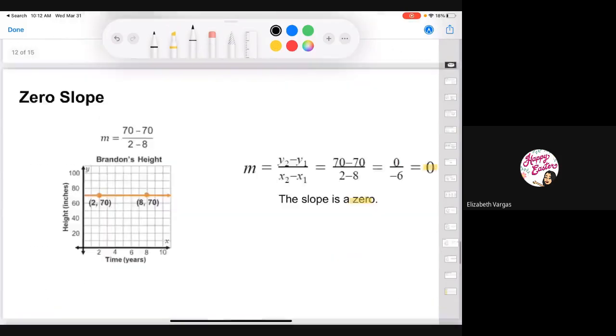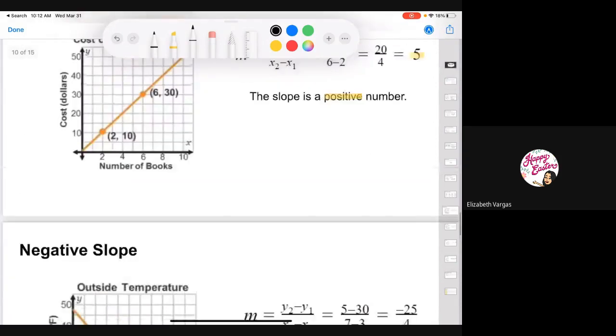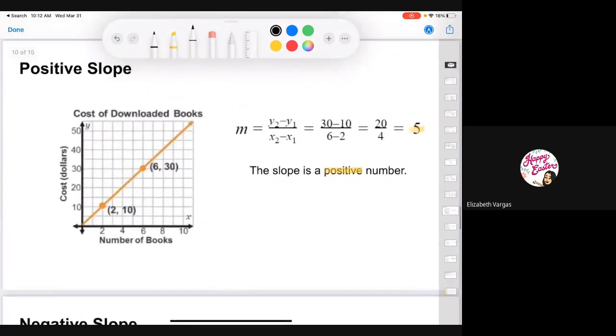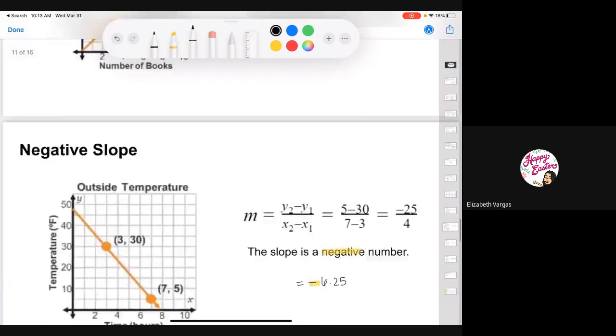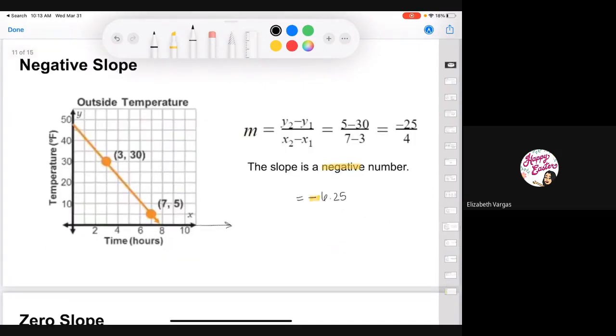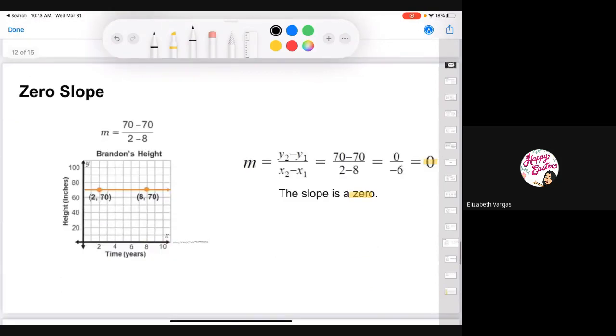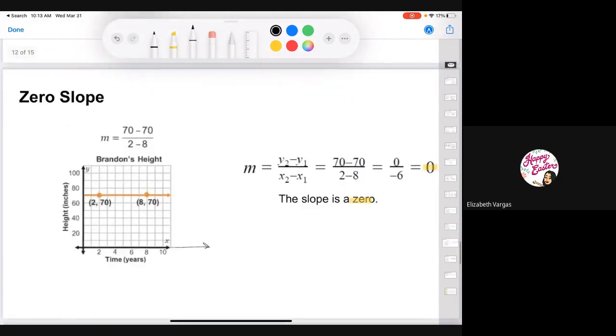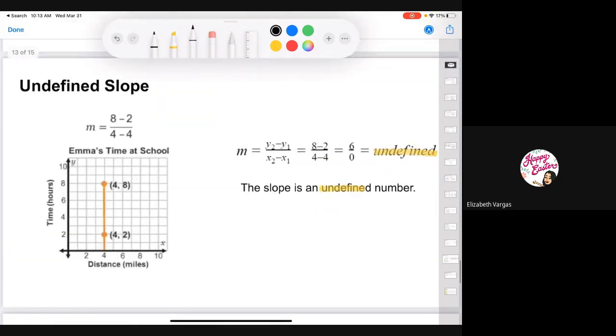What you can also do is differentiate these by the characteristics that we looked at. For example, as the x increases, the y also increases. As the x increases, the y decreases. As the x increases, the y stays the same. And here, the x doesn't change, but the y changes.